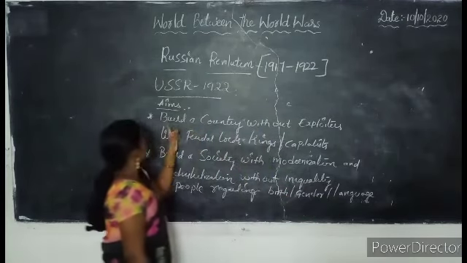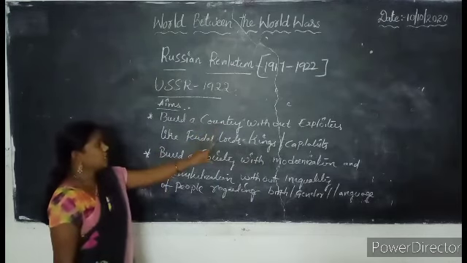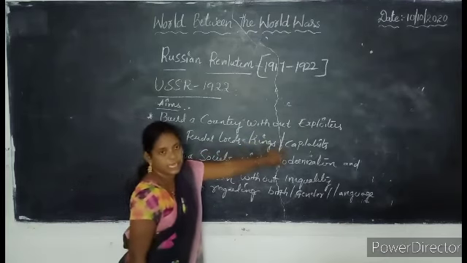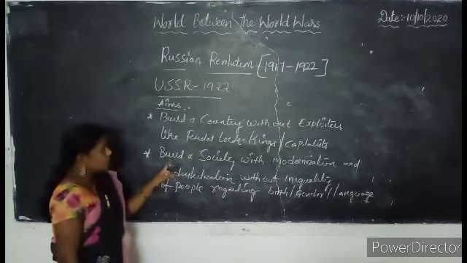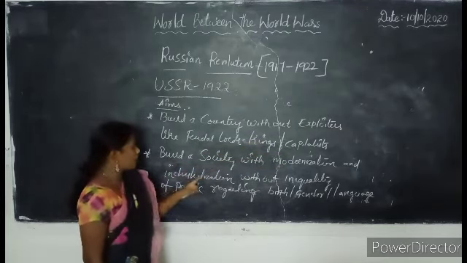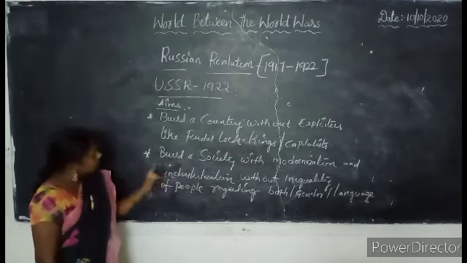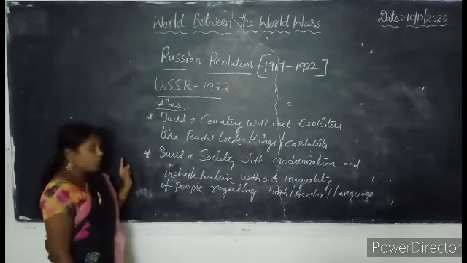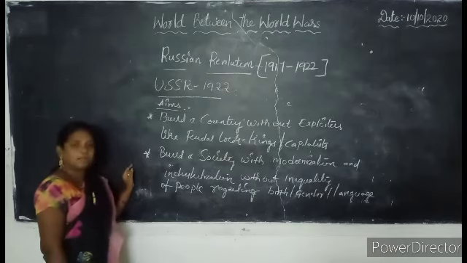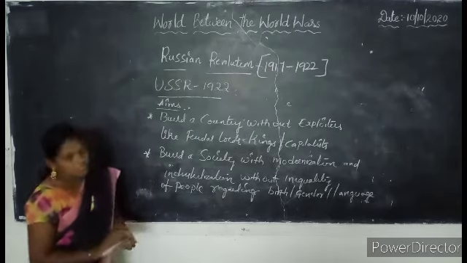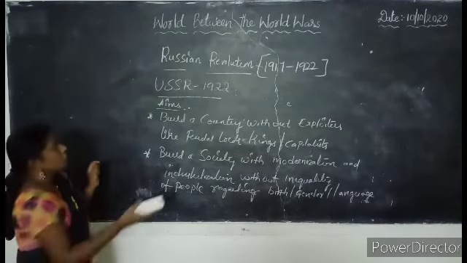So they need a country with no feudal lords, no king and no capitalists. They want to see their society with modernization and industrialization, and no inequalities among the people regarding birth, gender or language. So this is about the aims of the USSR.